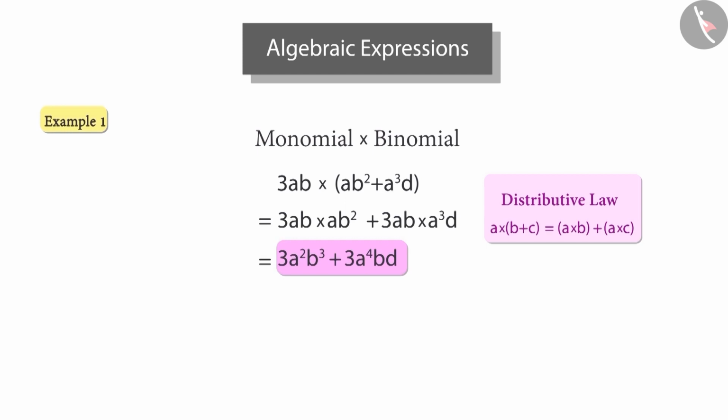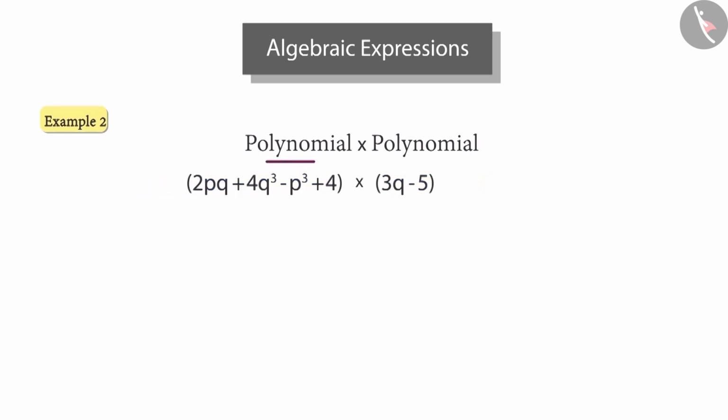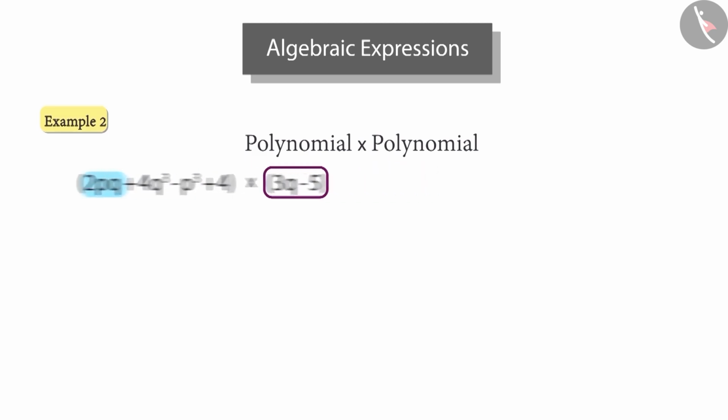When it comes to multiplying algebraic expressions, polynomial and polynomial multiplication is the most interesting. Here's an example. We are multiplying a polynomial with 4 terms and a polynomial with 2 terms. Every term of this expression will be multiplied with this binomial. Let's multiply the first term with that.